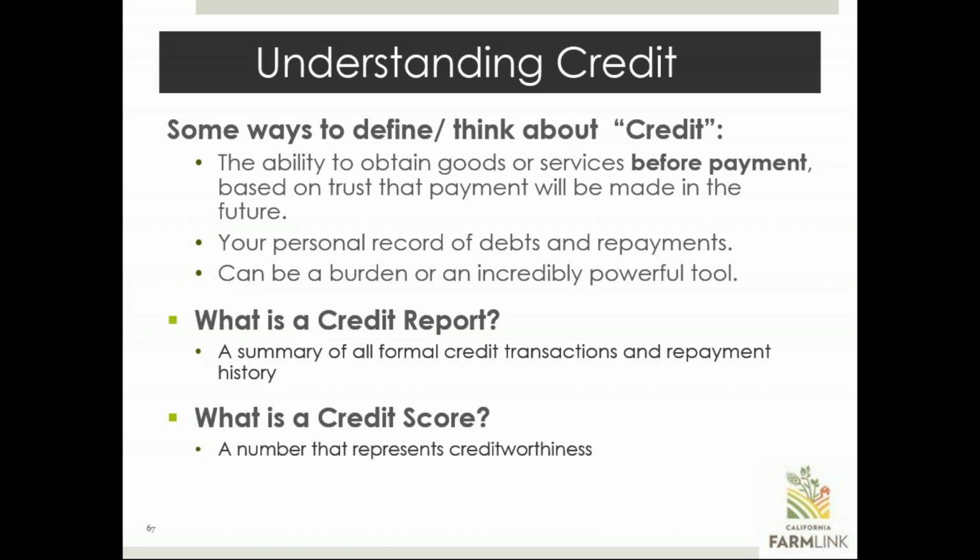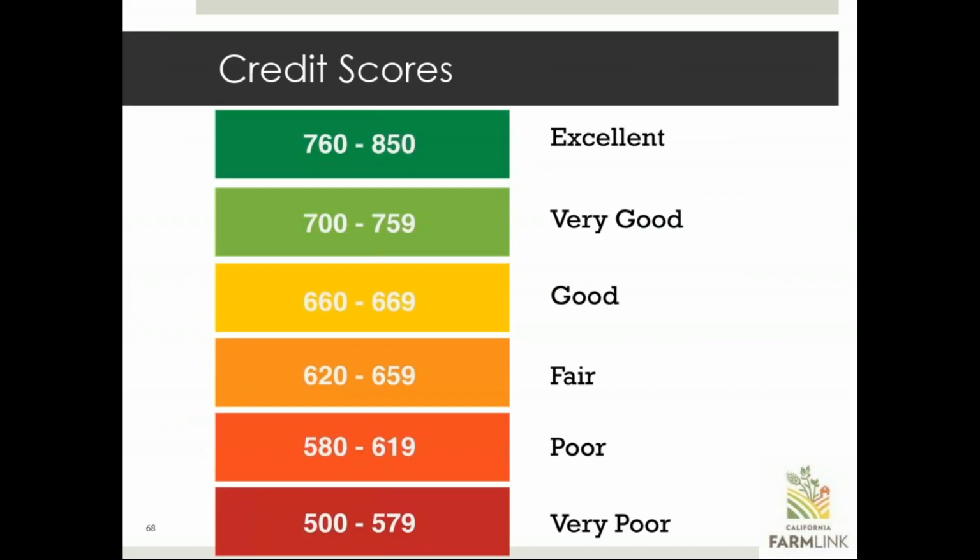Credit can be a really powerful tool. It can also be a burden, and one tool you can use to take more control of your credit is a credit report. Looking at your credit report, and a little bit ahead, there's a slide that has a link to where you can get a free credit report, but also understanding what your score is.